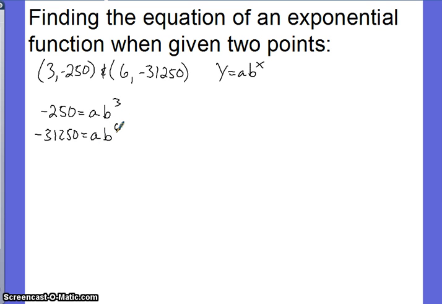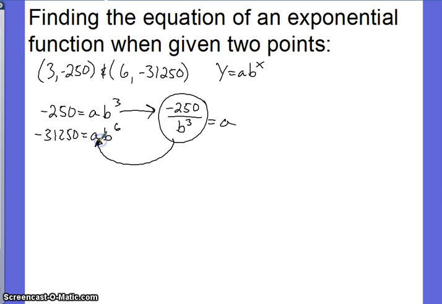We want to solve one of these for a and then substitute it in. So I'm going to solve this one: -250 over b cubed is equal to a. Then I'm going to substitute this back in for a in the other equation.